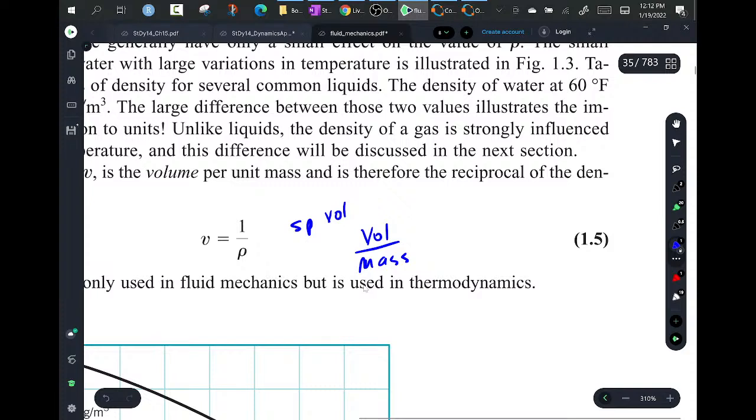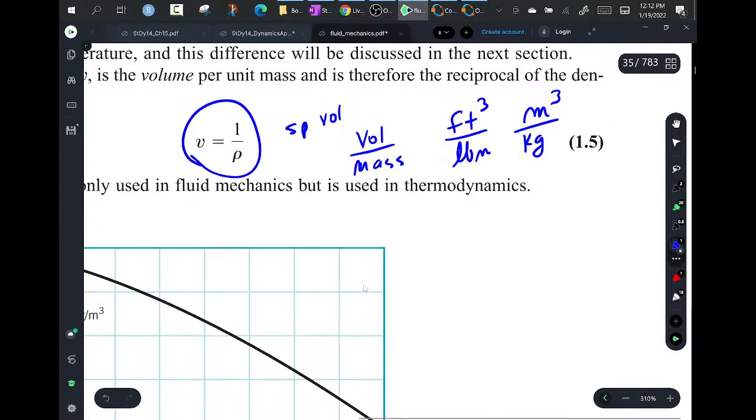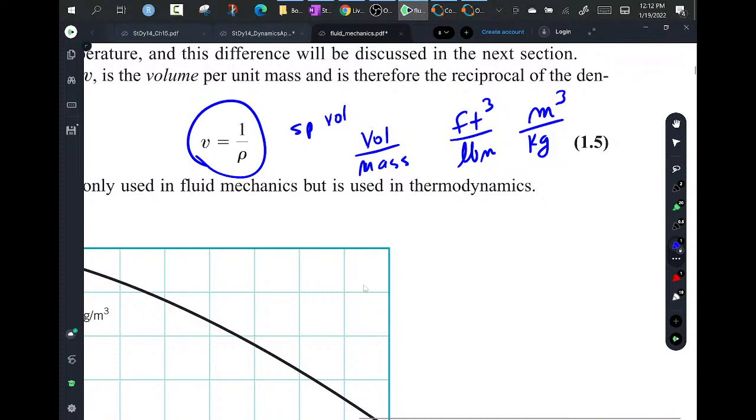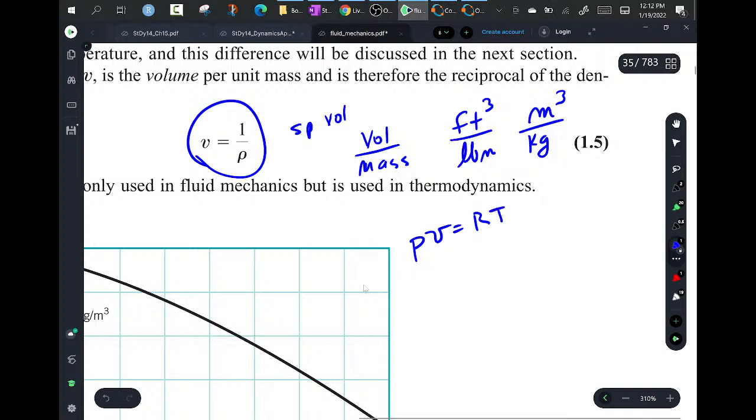A lot of times you had cubic foot per pound mass, or maybe meters cubed per kilogram. Turns out the density is the upside down, or the reciprocal, of that. Density is generally, and this came from PV equals RT, or P equals rho RT.